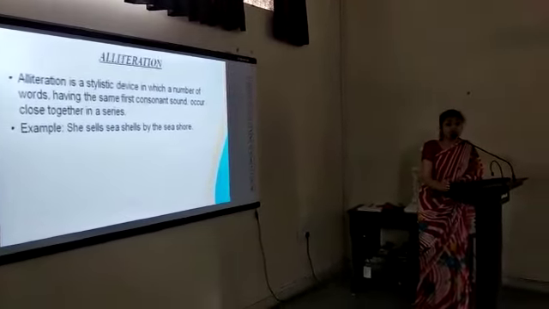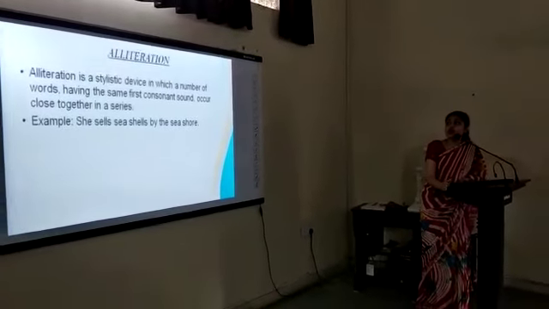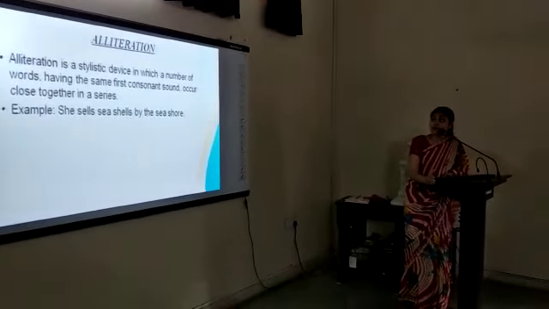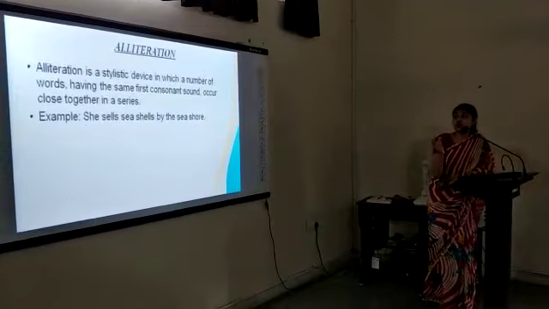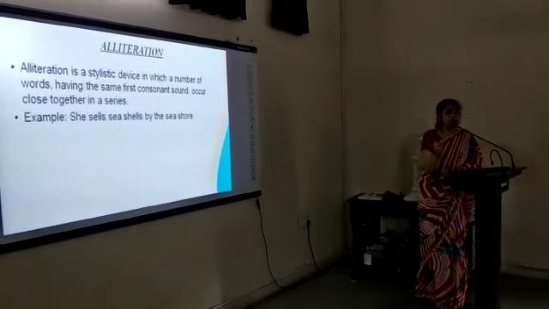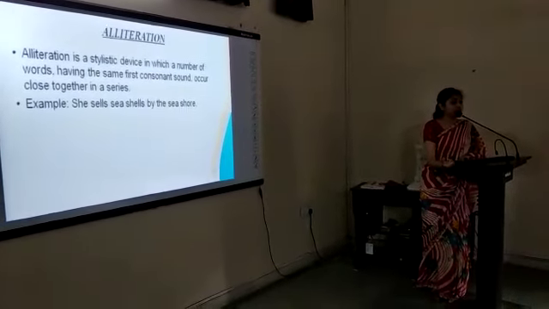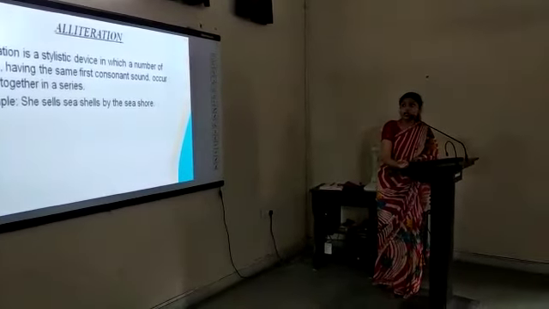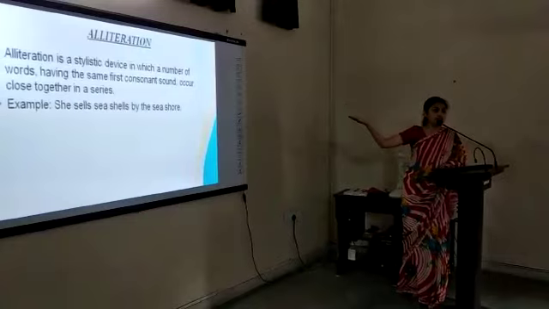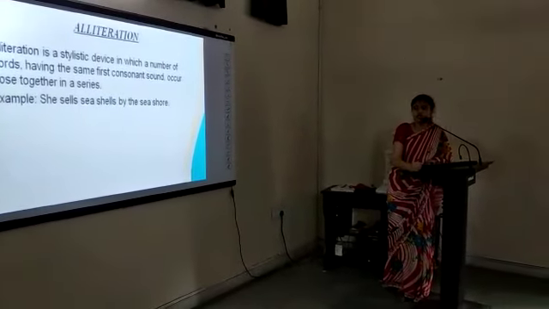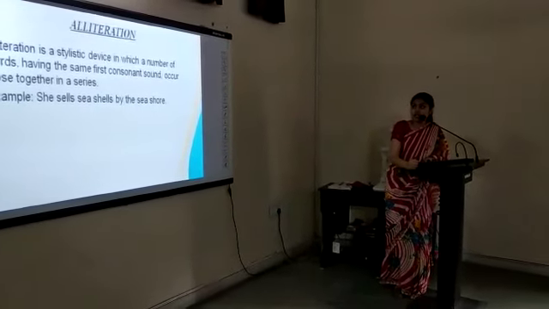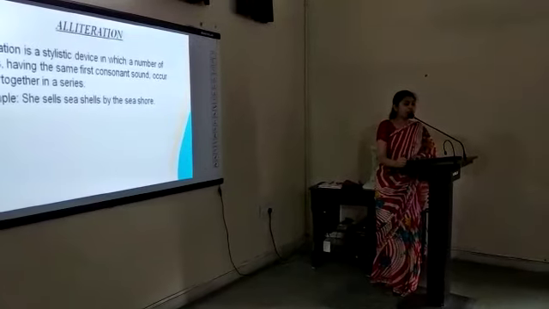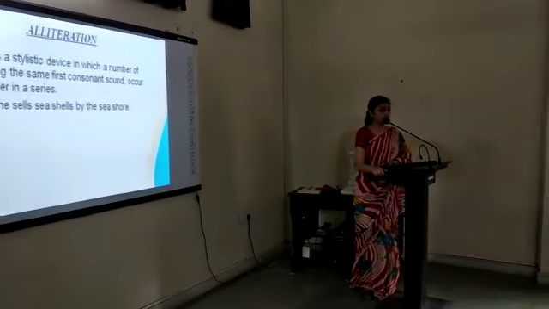Alliteration is a stylistic device in which a number of words having the same first consonant sound occur close together in a sequence. You have to keep in mind it is only there in the case of a consonant sound. Example is a very common example. It is used as a tongue twister. She sells seashells by the seashore. There are many examples of alliteration in your book.